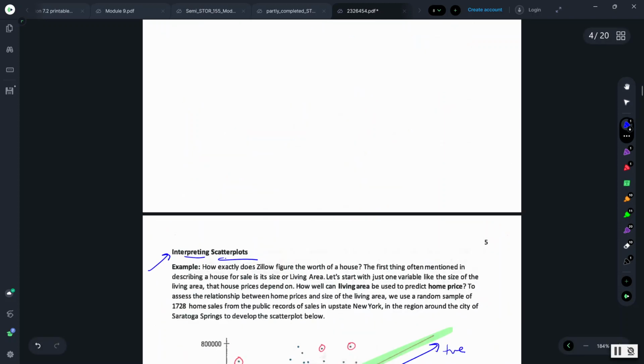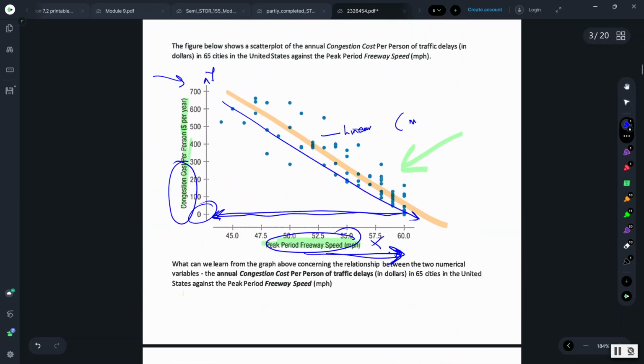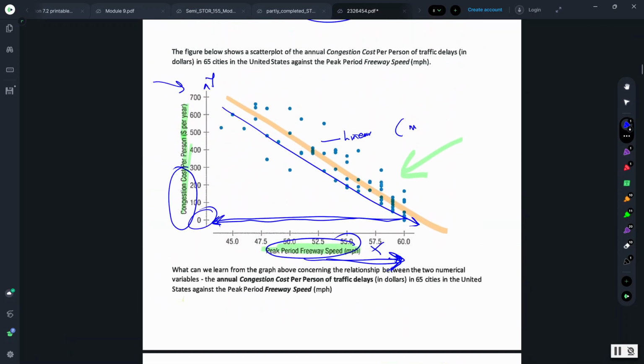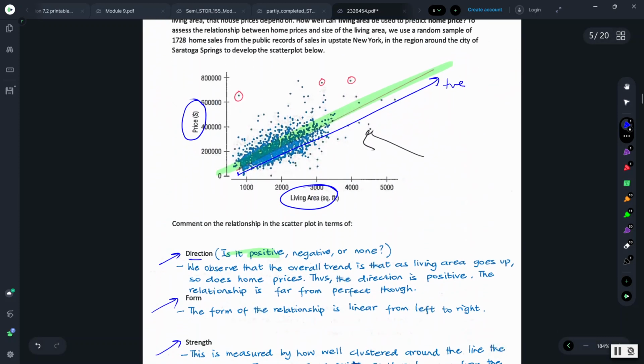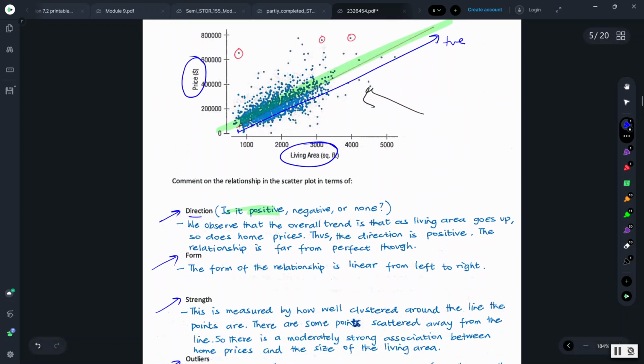Otherwise, as we saw earlier in the case of congestion cost versus peak period freeway speed, this is a negative linear relationship. And so, going back here, what we observe in this instance is that the overall trend is that as the living area goes up, so does the price also go up.